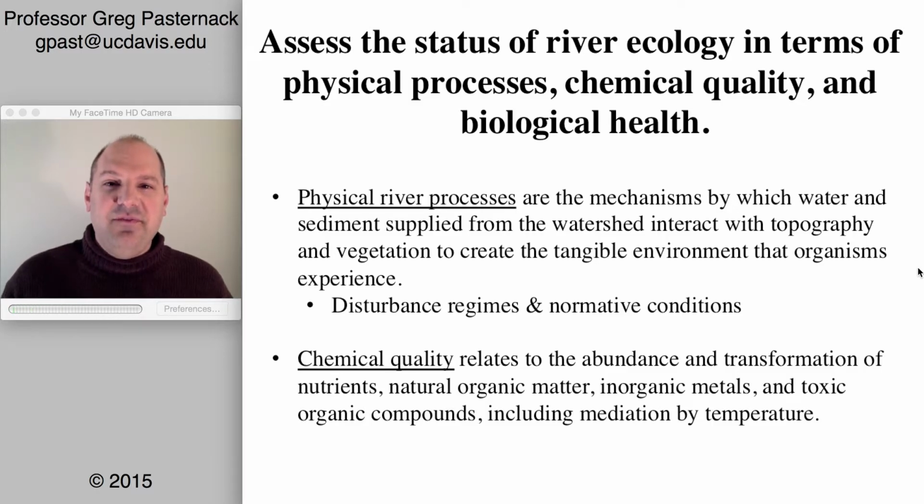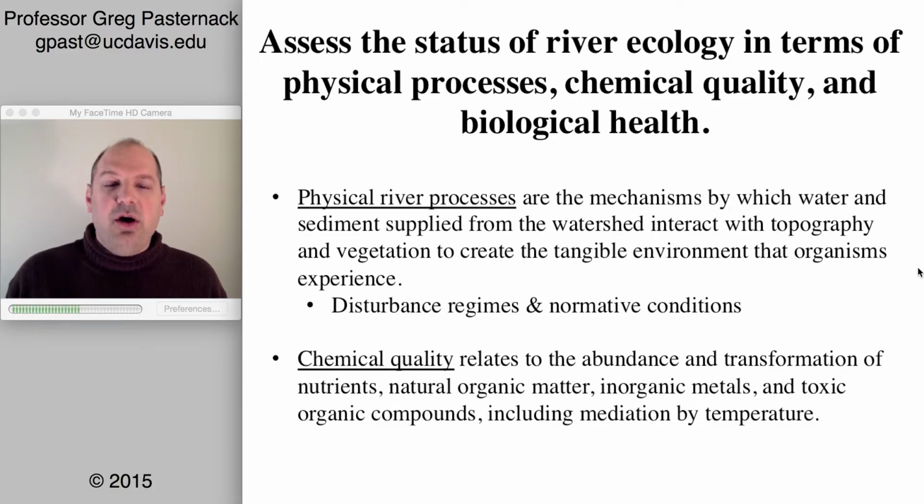We need to know about the physical processes. These are the mechanisms by which water and sediment that are supplied from the watershed interact with the topography and vegetation to create the river pattern that we see and the processes that are there, including the fundamental disturbance regime that presents the environmental fitness criteria for the process of evolution.